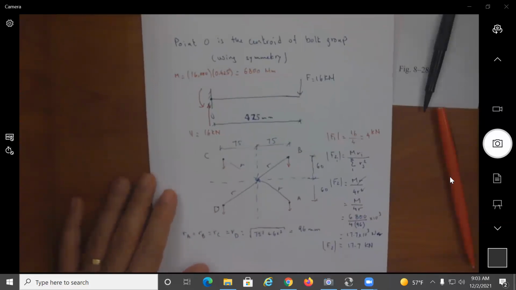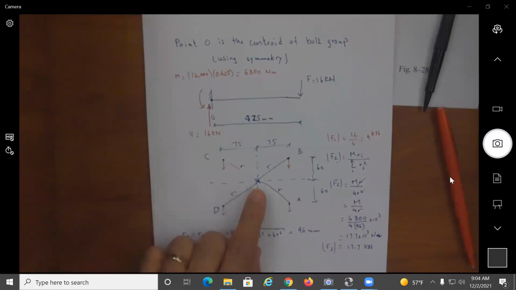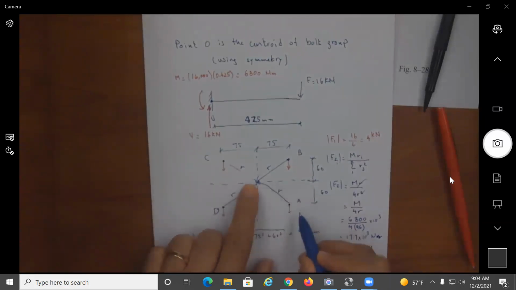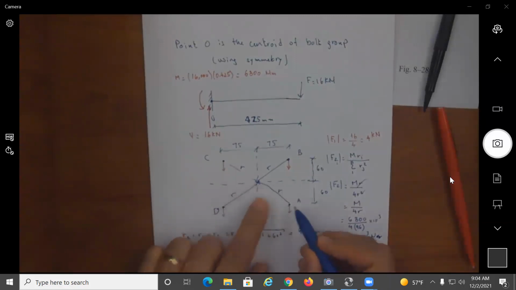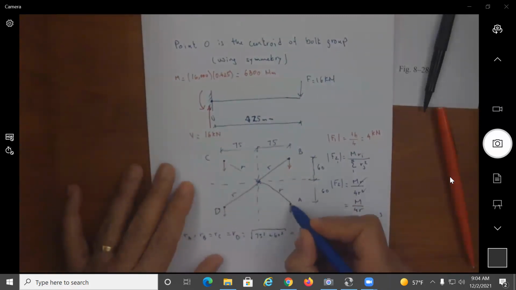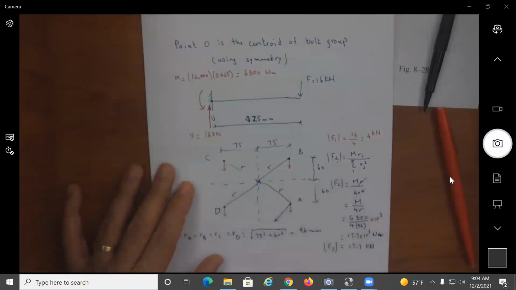Okay, now I know the magnitude, but in which direction does this F2 force act? Perpendicular to the radial distance. Very correct. Very good. So I look here at A, and this is 4, and this is going to be my F2.